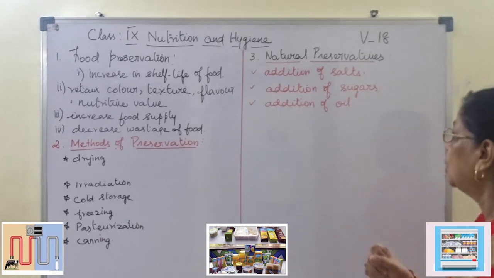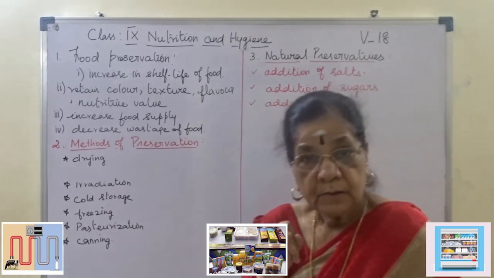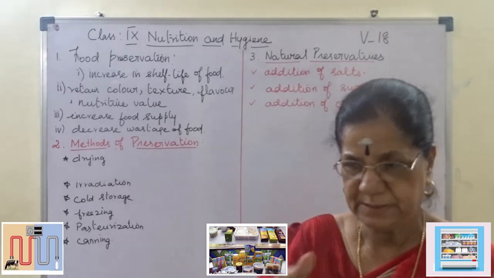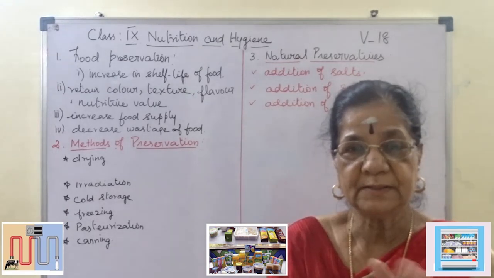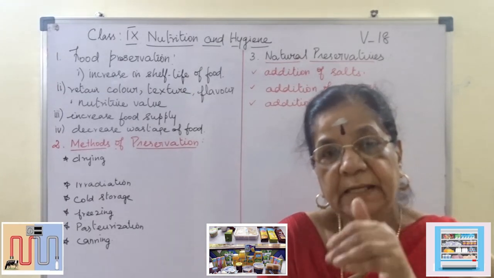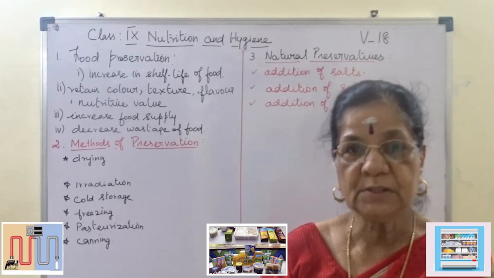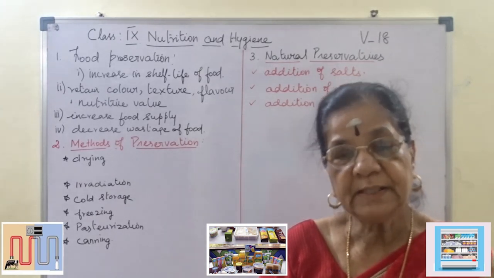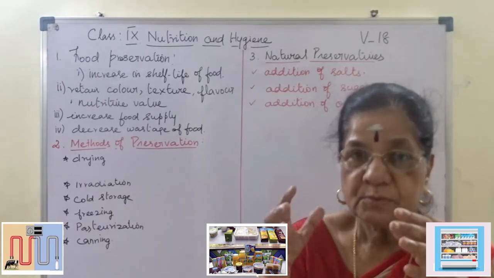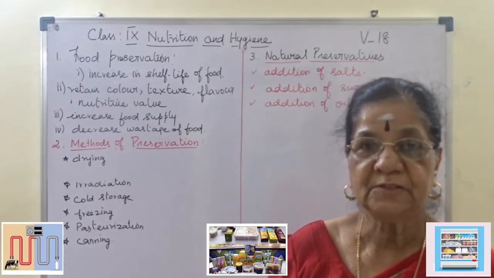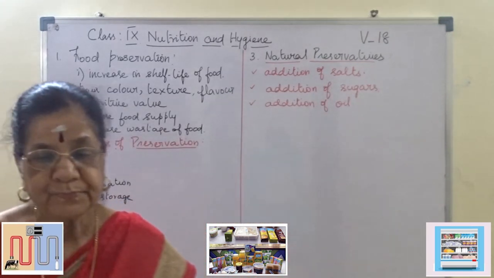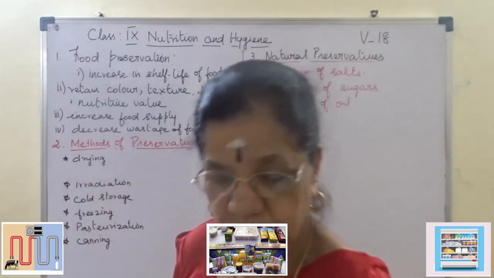Then addition of oil, we add oil so that especially pickle எல்லாம் பார்த்தீங்கன்னா நிறைய எண்ணெய் இருக்கும் மேலே, that will prevent the entry of microbe into the pickle. Oil is added to prevent the entry of microbe to enter into the pickle so that it is not getting spoiled. I hope you are able to follow this.